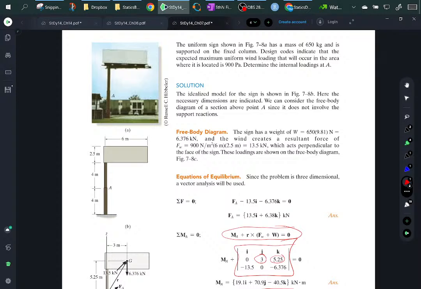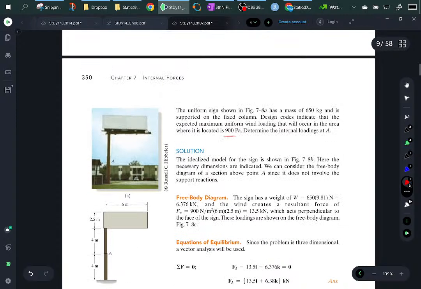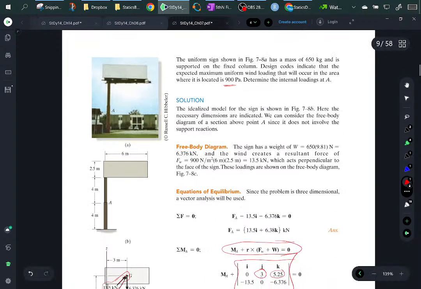Design codes indicate the expected uniform wind load to occur in the area where it is located, 900 pascals. It's kind of hard to tell, but this is pushing perpendicular. If you look above this sign, say this is the post, the sign sits out here like this.